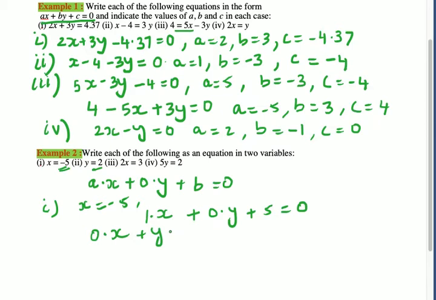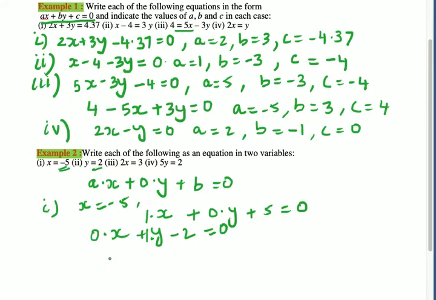And we can move the 2 to the other side of the equation, so it becomes minus 2 equal to 0. So we have 0x, 1 into y minus 2 is equal to 0.